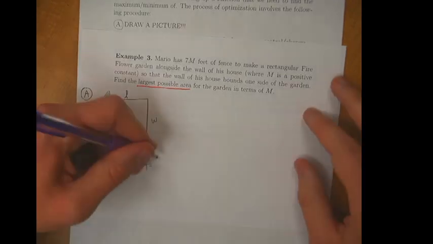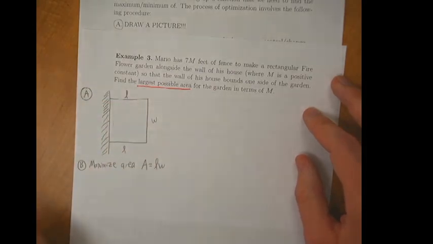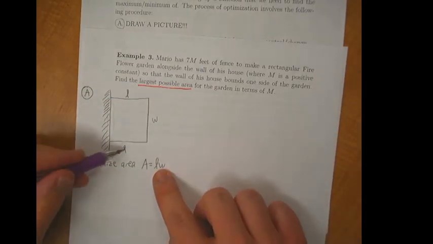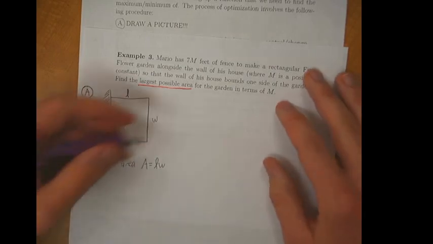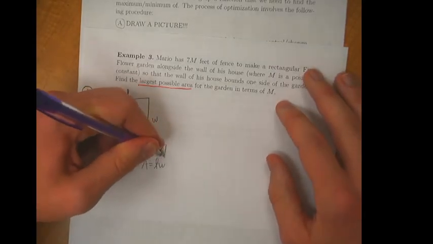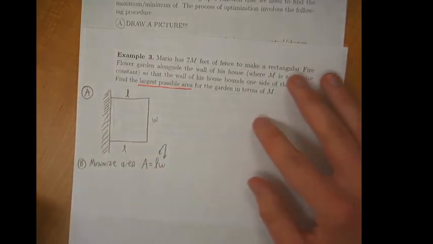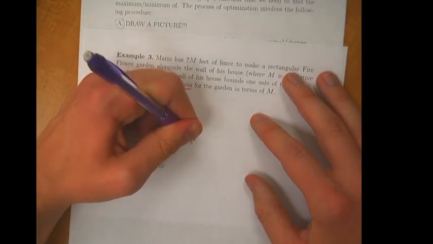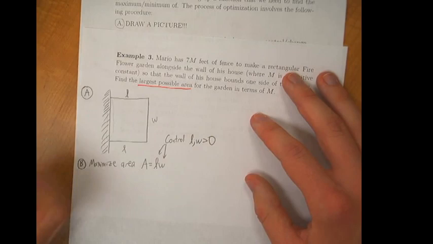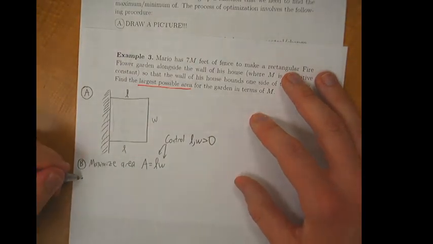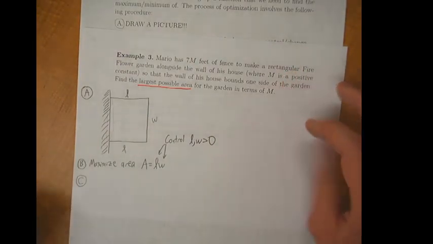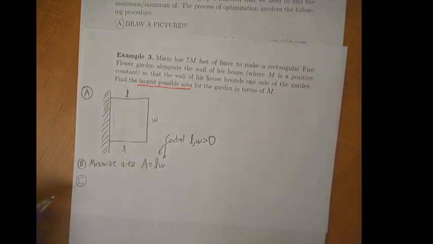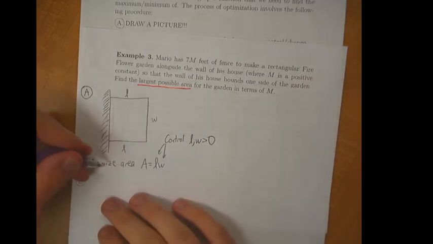Yep, just length times width, right? So A equals L times W. Where in this case, again, the length and width have to be positive because otherwise we end up with something that's either 0 or negative, which doesn't really help us here. So we can control L and W, which are both positive. Okay? So part C says, all right, well, what's our constraint here?